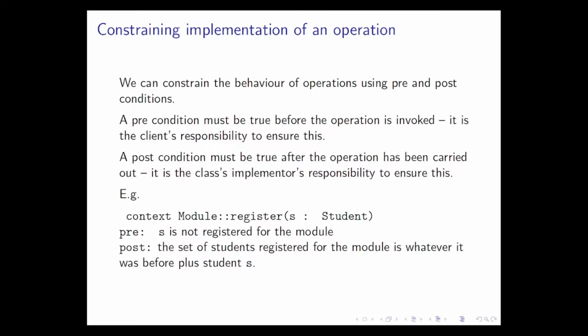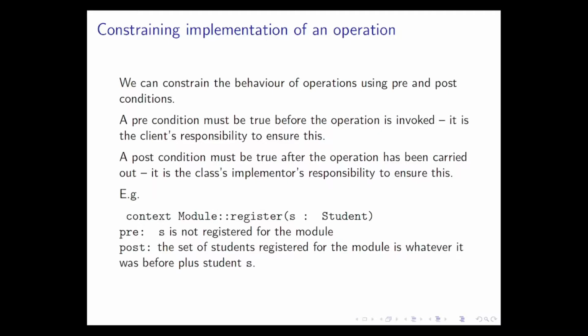And that certainly lends itself to a quiet life. That's good. Sometimes you might want to have contracts that don't lay out absolutely everything you want people to assume. So you'll quite often see that people might write postconditions that might just say some of the things that should be true. So you might, for example, see as a postcondition, S is registered for the module.